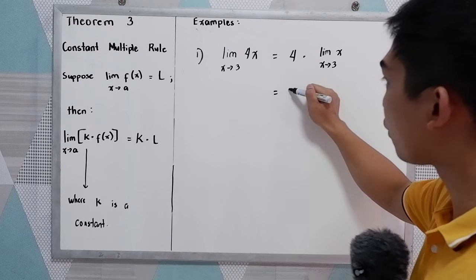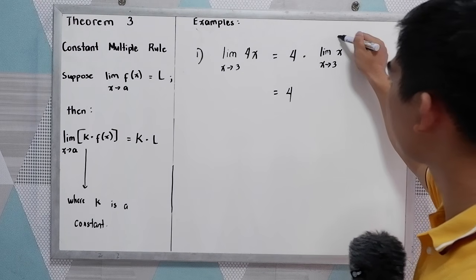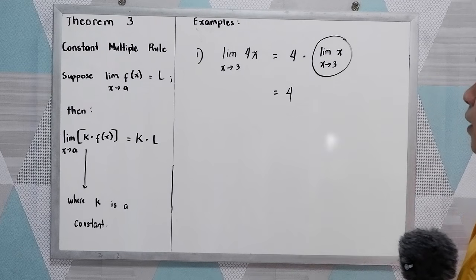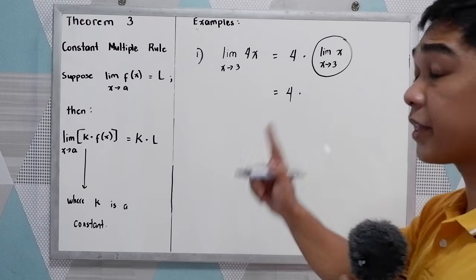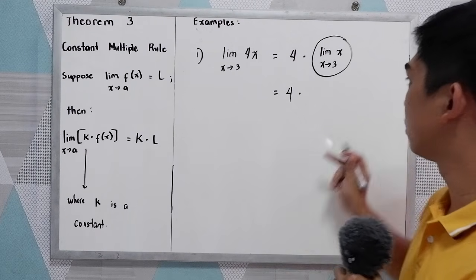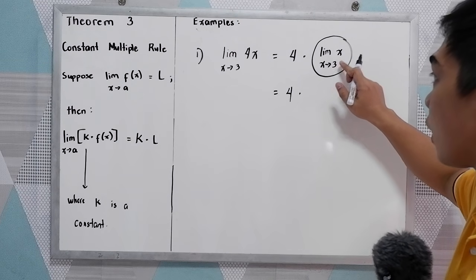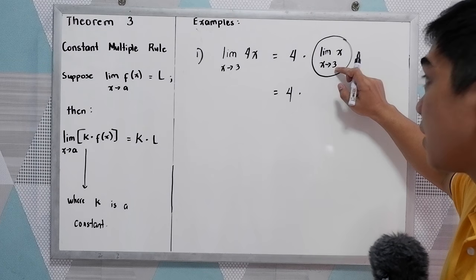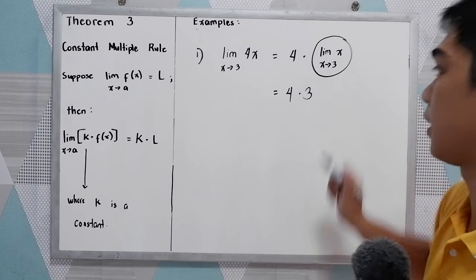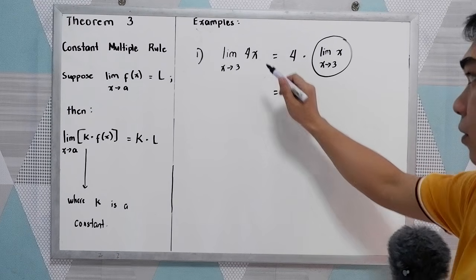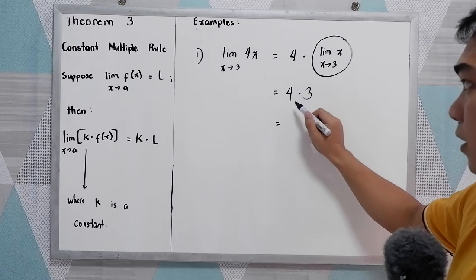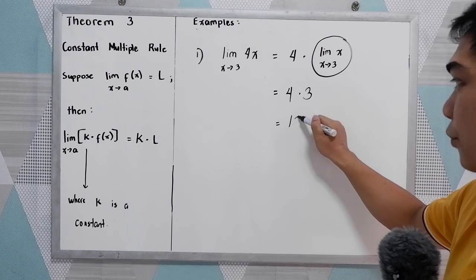Now, copy 4, we need to get the value of this. Applying our theorem number 2, our a here is 3, so 3. Now the value of our limit is 4 times 3, that is equal to 12.